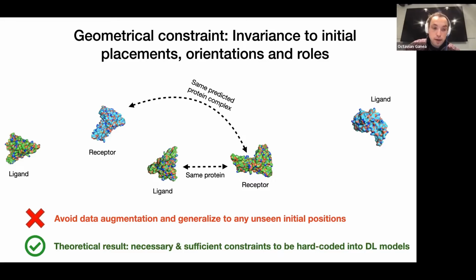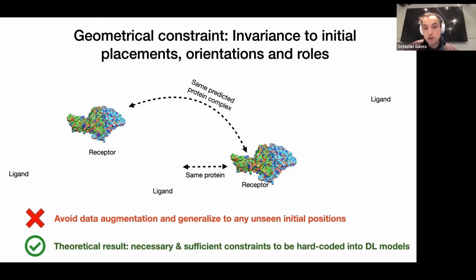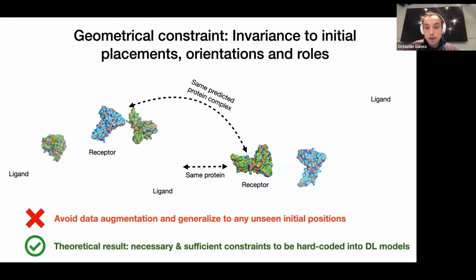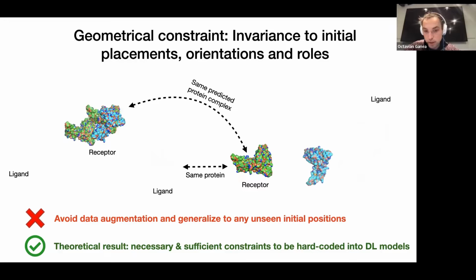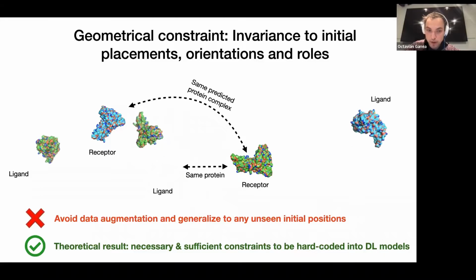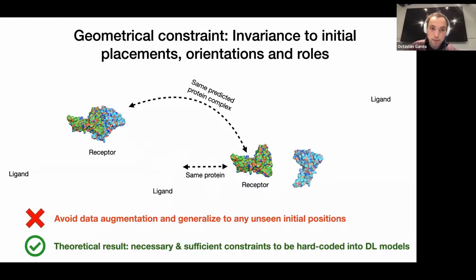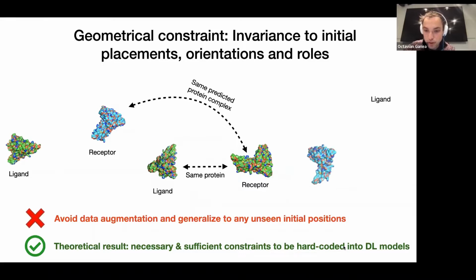So in our paper, we derive a theoretical result which gives us necessary and sufficient constraints that should be incorporated in all deep learning models that predict protein complexes. And we also show how to hard code those into deep learning models. So these are not just soft constraints like a regularizer, but really hard constraints. And I'm going to explain how that works in our model.